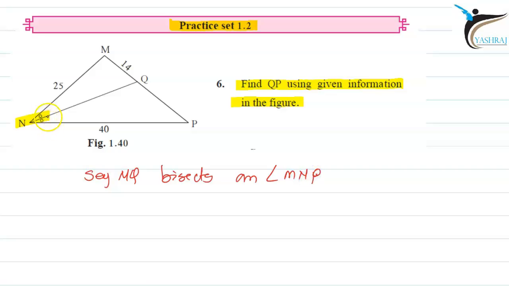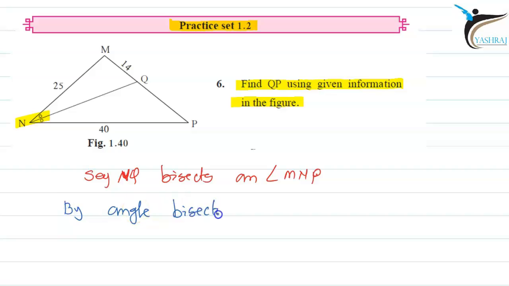Once the symbolic representation is the same, we are given that angle MNQ is congruent to angle PNQ. So segment NQ is the bisector of angle MNP. Once it is an angle bisector, we can easily use the angle bisector property.